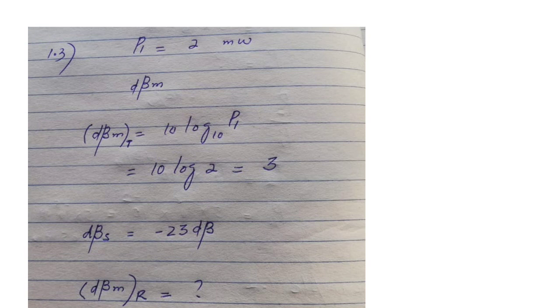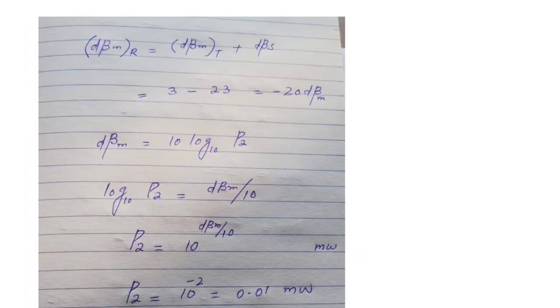So in order to solve the second part of this numerical question, we use this particular equation, which we derived in this class. The dBm value of the output power will be equal to the dBm value of the input power plus the loss of the communication system in decibel.